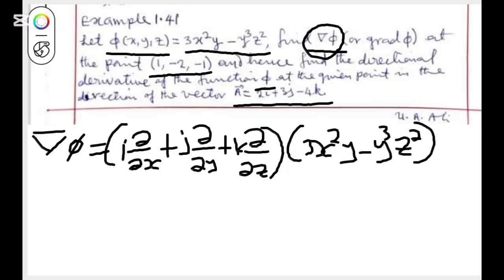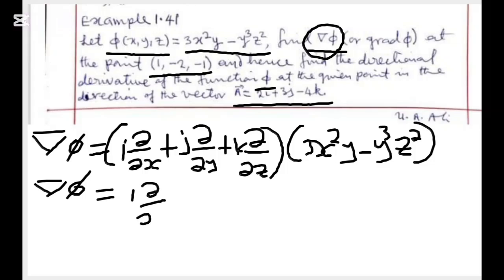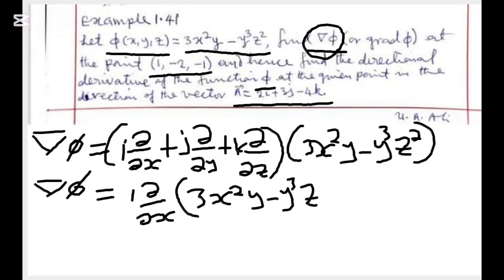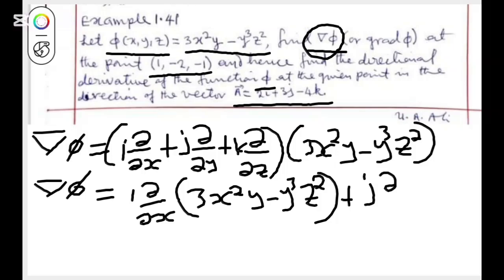The next thing that I'm going to do is say the del psi is the same thing as: I'll first pick out the value of i, then I'll fold the bracket and insert my 3x squared y minus y cubed z squared. Then I have to say plus, for the j also, partial d by dy.